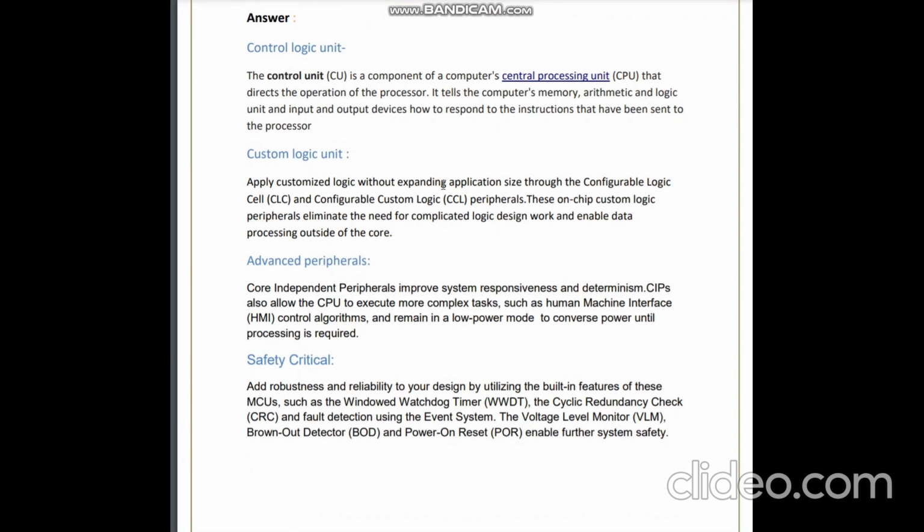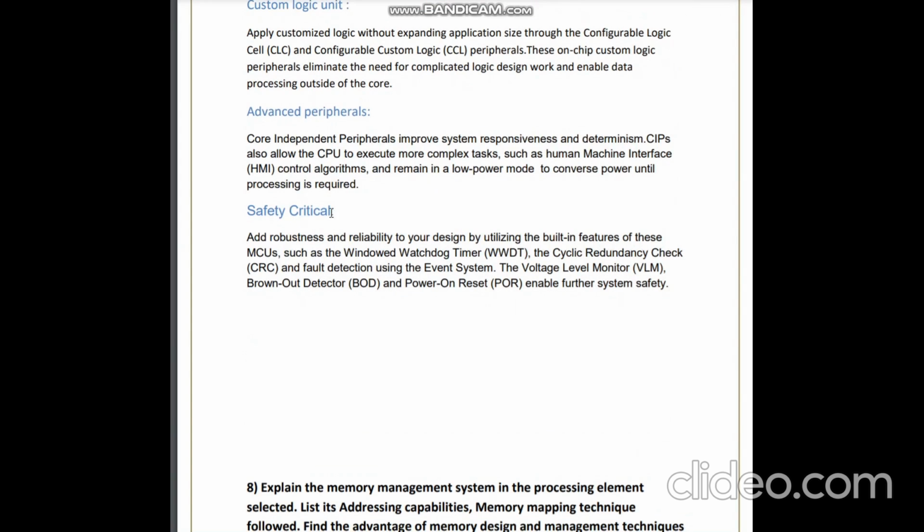Custom logic unit: apply custom logic without expanding the application size through the configurable logic cell and configurable custom logic peripherals, CCL and CLC. Now there are advanced peripherals. Core independent peripherals improve the system responsiveness and determinism.